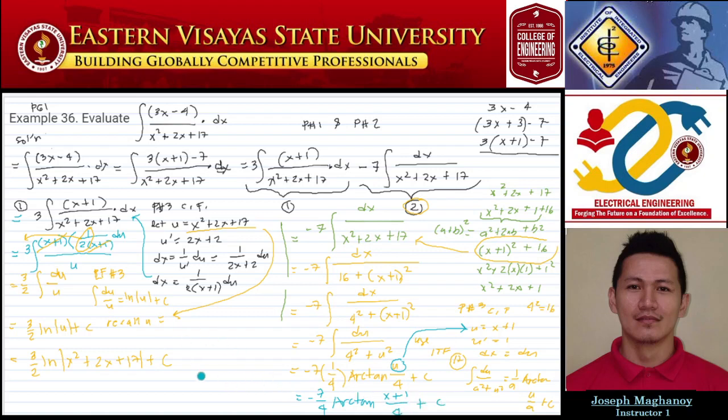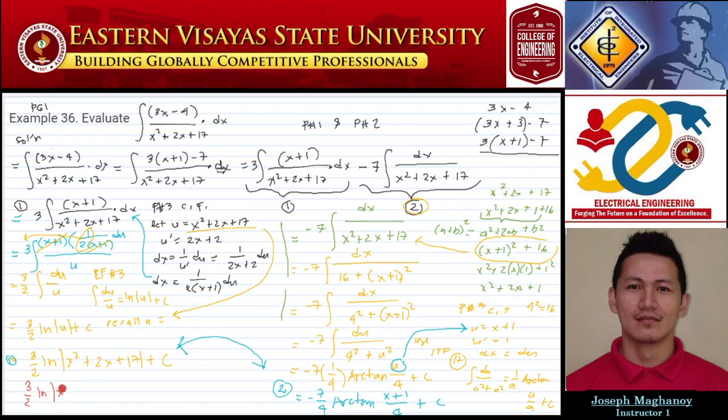Then we combine our number 2 and number 1. We rewrite it to make our final answer. So 3 halves, we combine all the constants also.